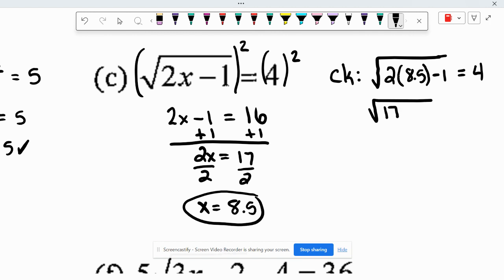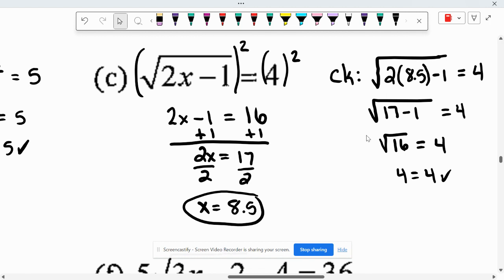Well, it's 17. 17 minus 1 is under the radical symbol, equals 4. Well, what is 17 minus 1? 16. And does the square root of 16 equal 4? Yes, it does. How do we feel about that?